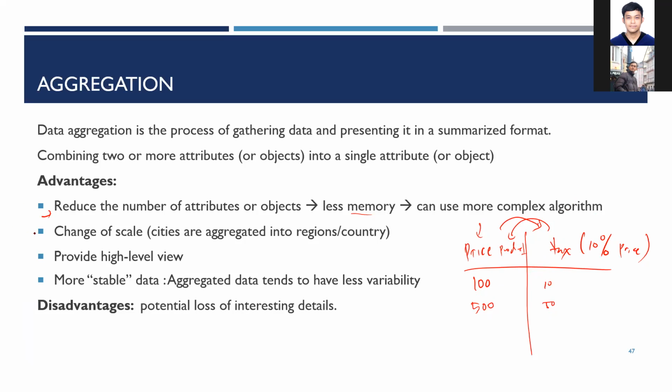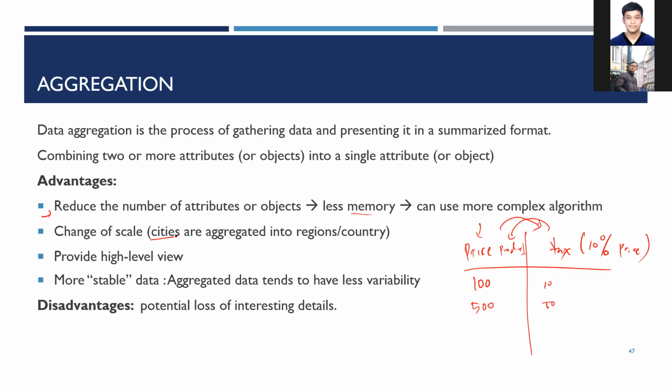The second one is if we use aggregation to change the scale of the data. For example, in our data we have the city, the location.